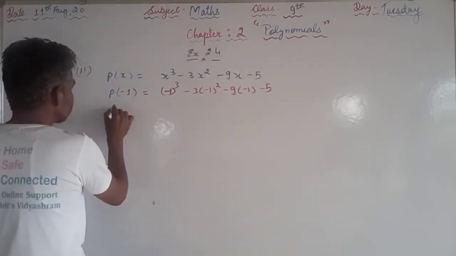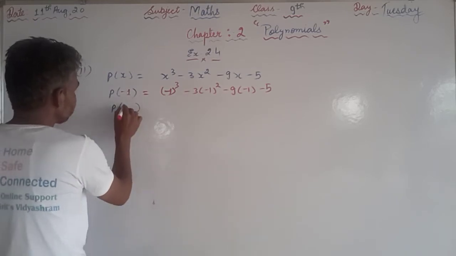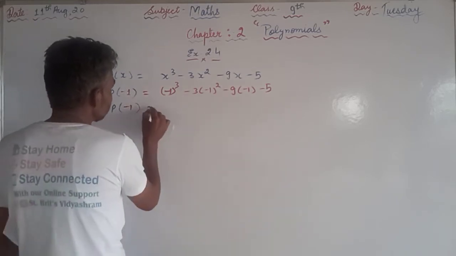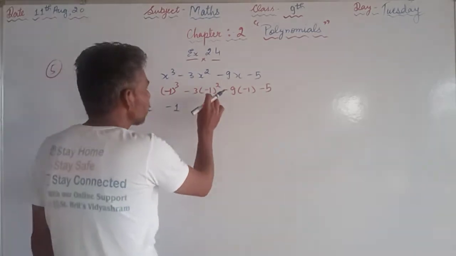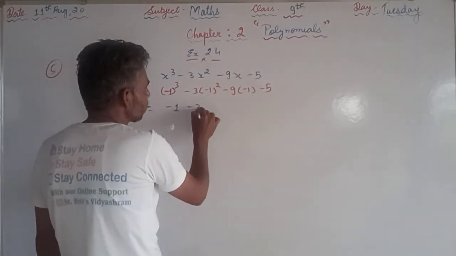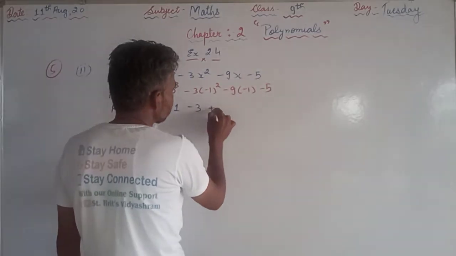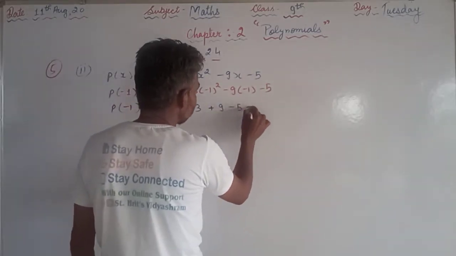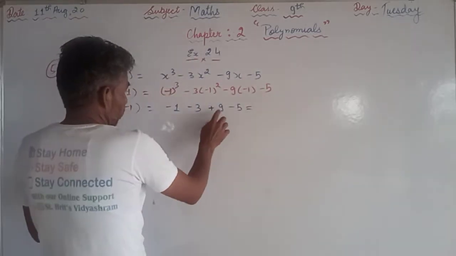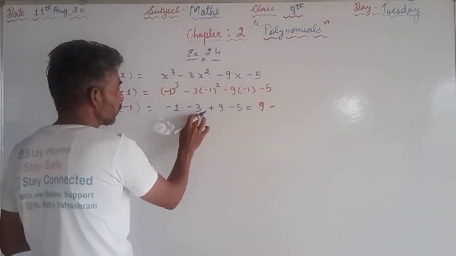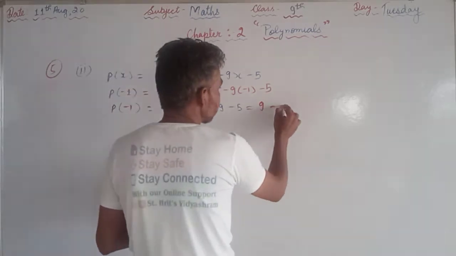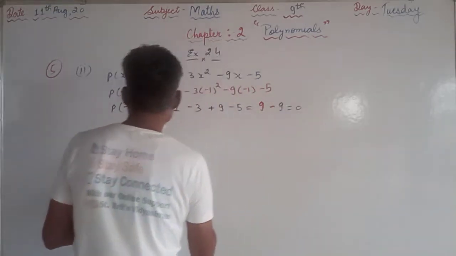So from here we can see that p of minus 1 is equal to minus 1 cube, minus 1 minus 3 into 1, plus 9 minus 5. Positive 9 and the negatives, 3 plus 1 is 4, 4 plus 5 is 9. So that is 0.